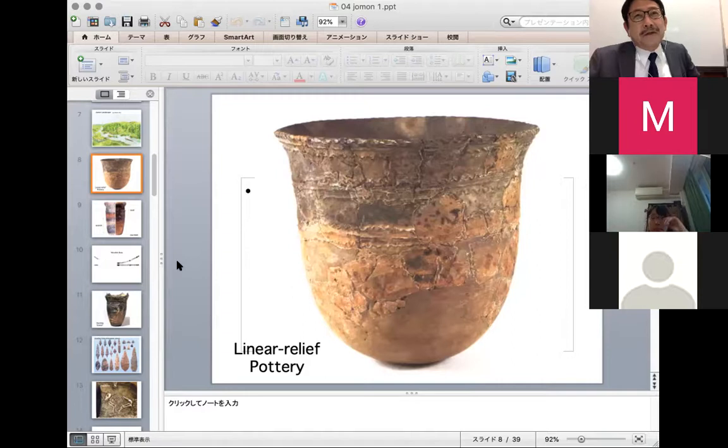That doesn't mean that it was invented in Japan. That only means that so much excavation, archaeological work, has been done in Japan. Japan is a very small country and so many developments take place, so we have more and more chances to dig the ground and excavate the sites.